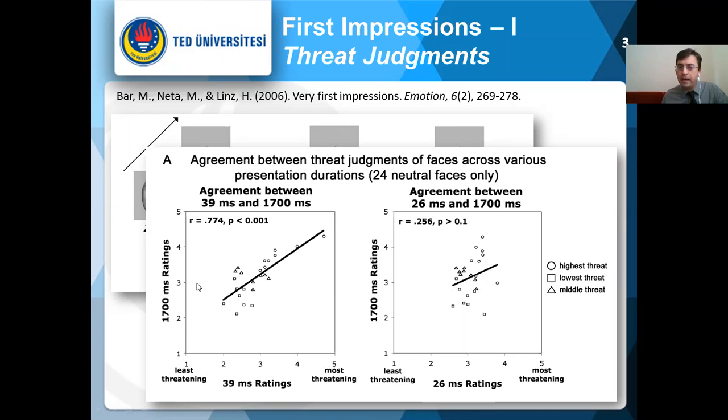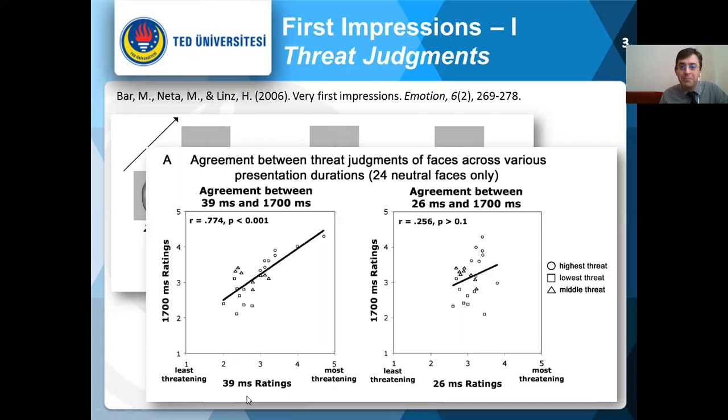And look at this one now, the left panel. The correlation between 39 millisecond ratings and 1.7 second ratings is 0.77. That's a huge correlation, which means whatever decision we make about a face being threatening or not in 39 milliseconds is very similar to 1.7 seconds, which means that our judgments about a face being threatening can be achieved by our minds in only 39 milliseconds.